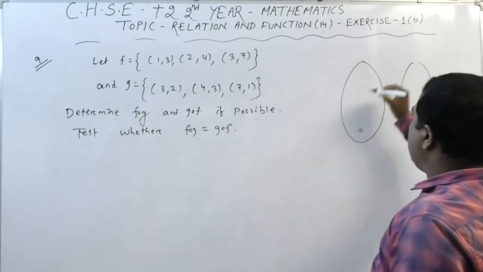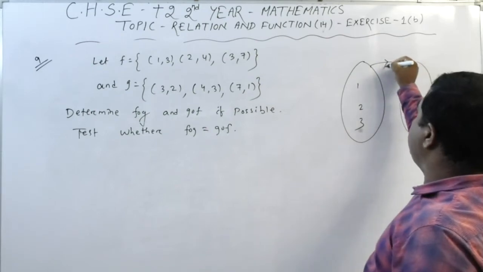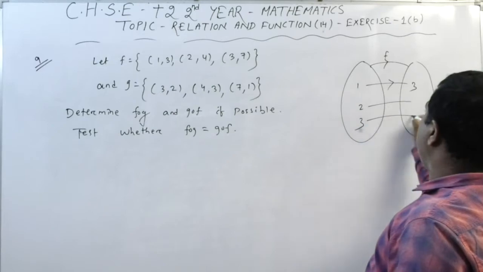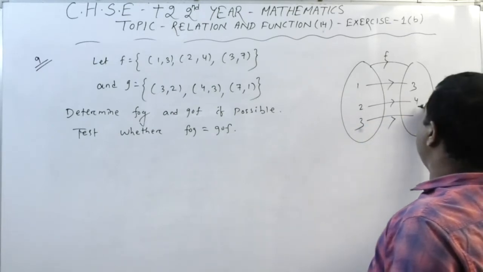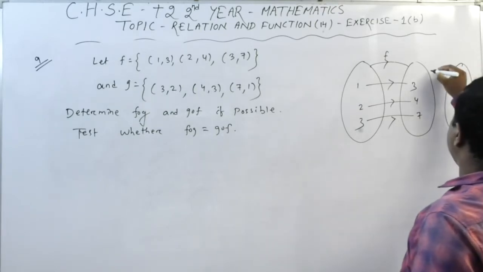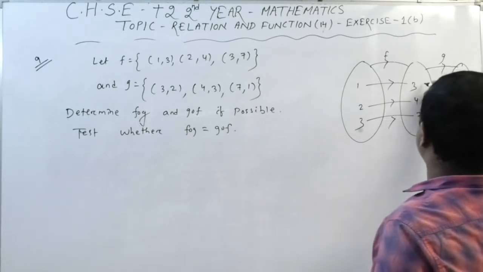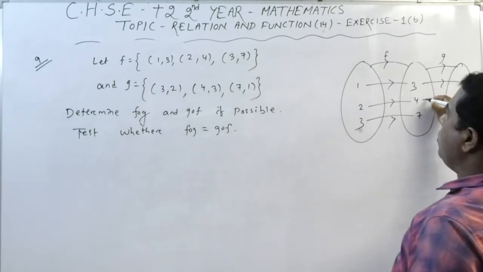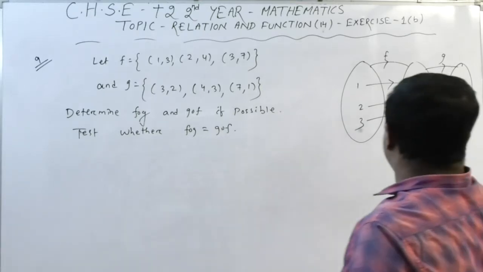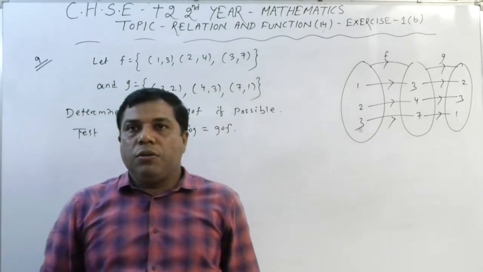So what the function f does: it converts the elements 1, 2, 3 to the values 3, 4 and 7. Now what the function g does: it converts 3 to 2, 4 to 3 and 7 to 1.